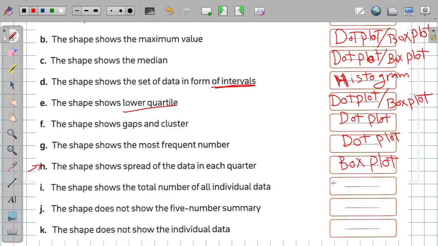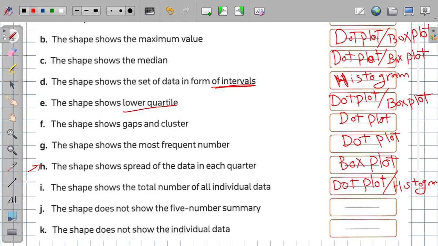The first one is the dot plot, and the second one is the histogram, because histogram shows the total number of all individual data, because we divide the data into groups, but the total number is still constant.